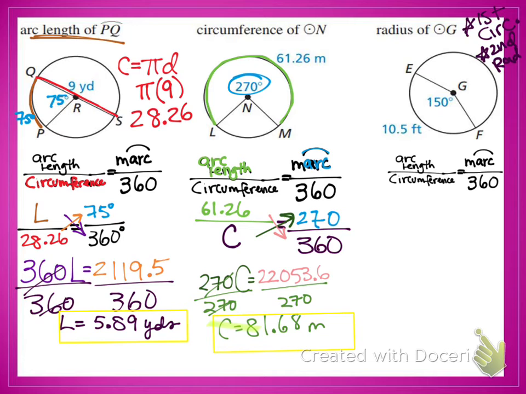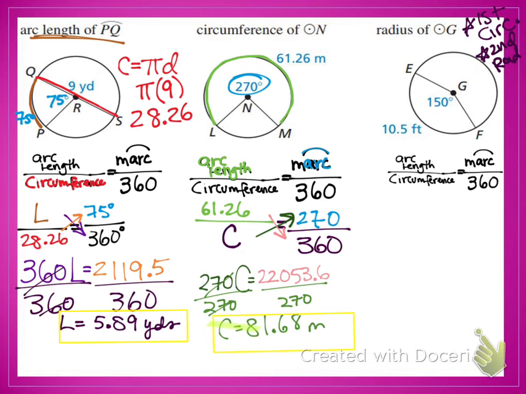It's helpful to make sure you're labeling the circumference as C so that you know you're not done when you get to this point. When we found the circumference here, we're going to do the same process, but then one more step to find the radius.